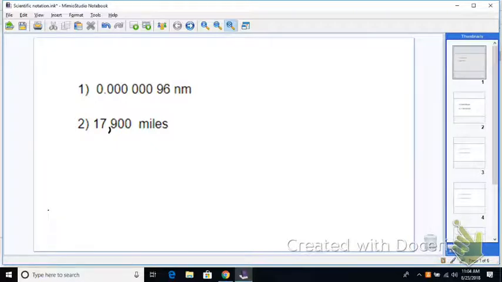So this first one, we're going to move it to the right. How many places? 7. So it becomes 9.6 times 10. And then if it's a small number, what kind of exponent does it have? Negative. So negative 7. And then in this one, we move to the left 4 places.